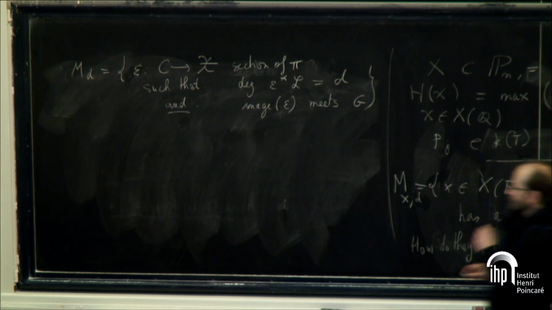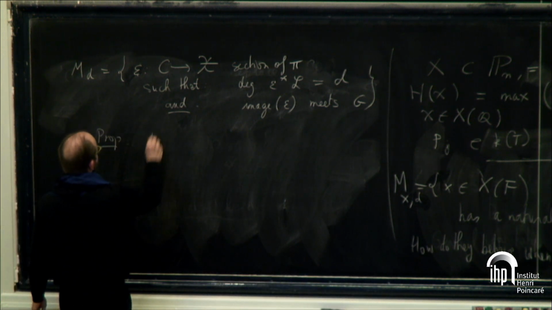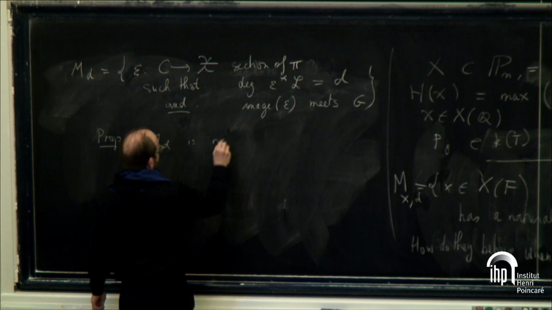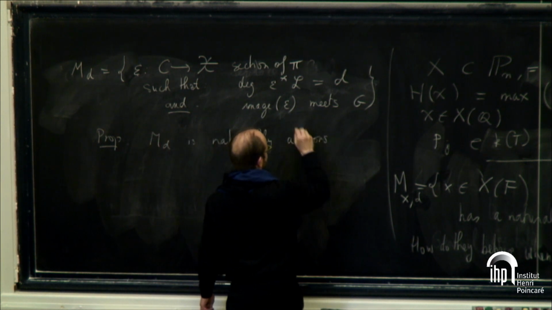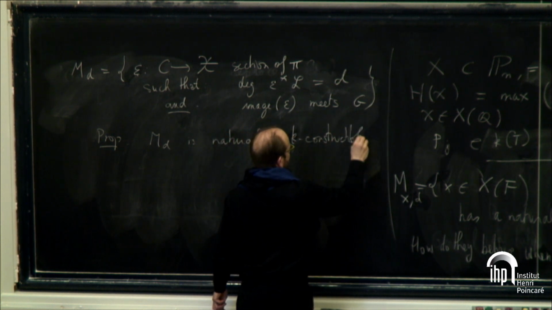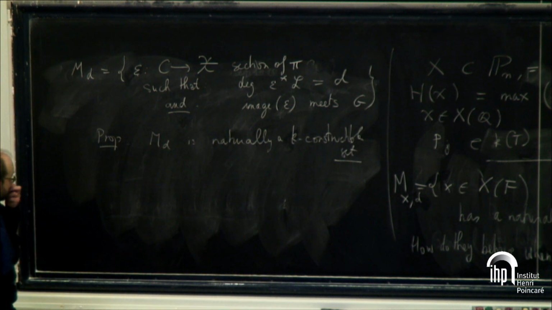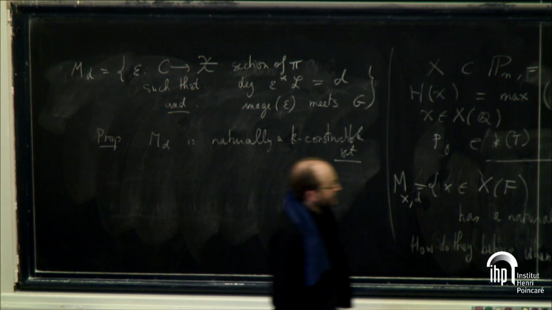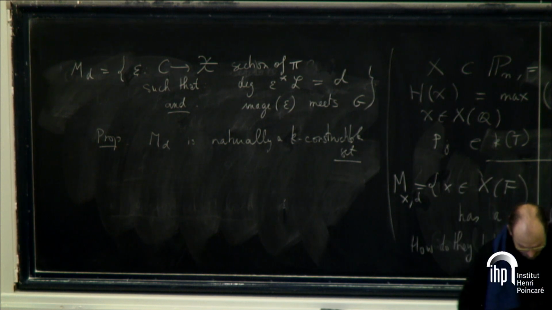And this is important because in that case, the first proposition is that M_d is naturally a constructible set, a K-constructible set. And in fact, if the line bundle L were effective, it would be an algebraic set.